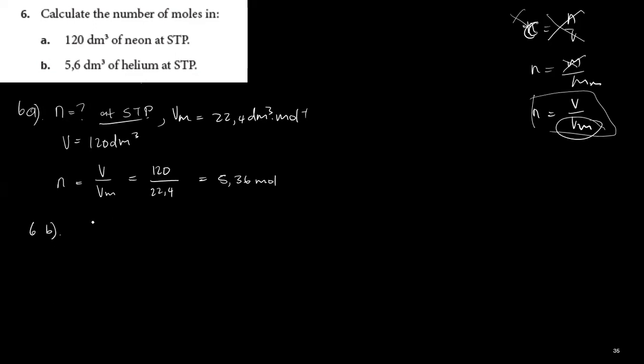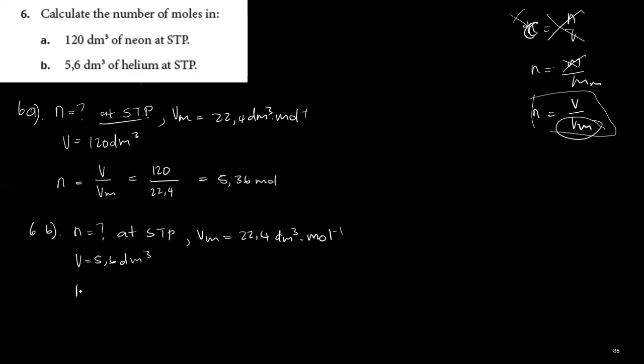Now 6b, we still have to calculate the number of moles at STP, and the molar volume, again at STP, is 22,4 cubic decimeters per mole. The number of moles of what? Of helium, and we are given the volume of helium to be 5.6 cubic decimeters.